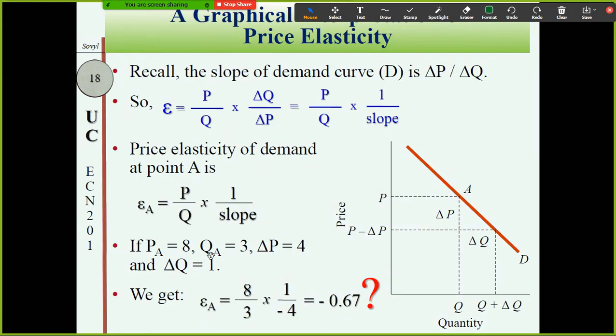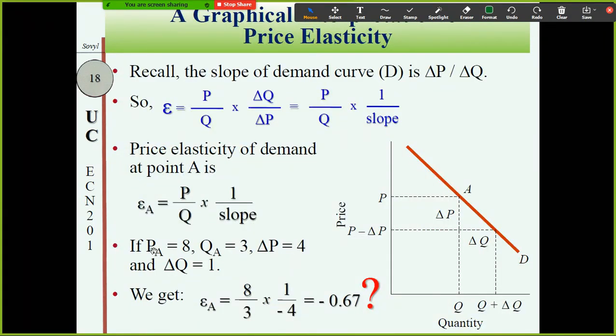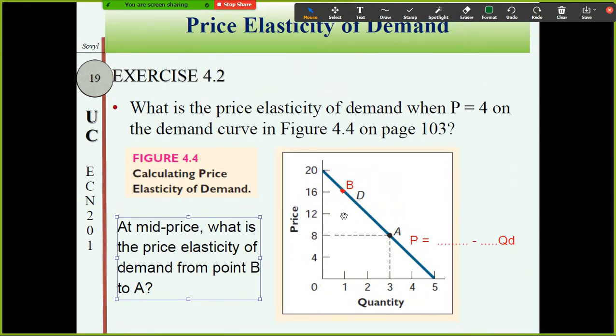Okay, so at point A, based on the figure, P equals 8 and Q equals 3. So the change in P, how can we get the change in P? You can compare from this one to the other one.